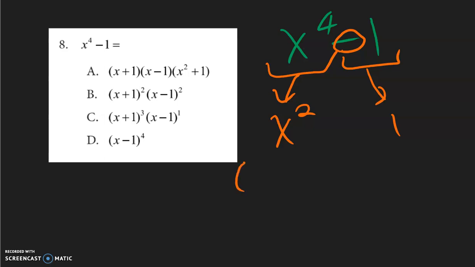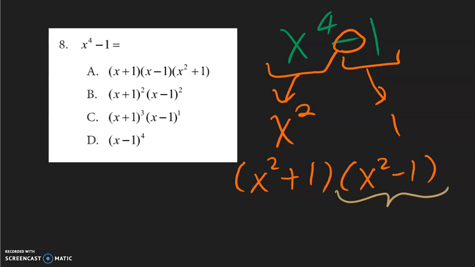So that means the factors are going to be x squared plus 1 and x squared minus 1. But here again, this one has a difference of two squares. So the square root of x squared is just going to be x, and the square root of 1 is going to be 1. So this will be x plus 1 and x minus 1.